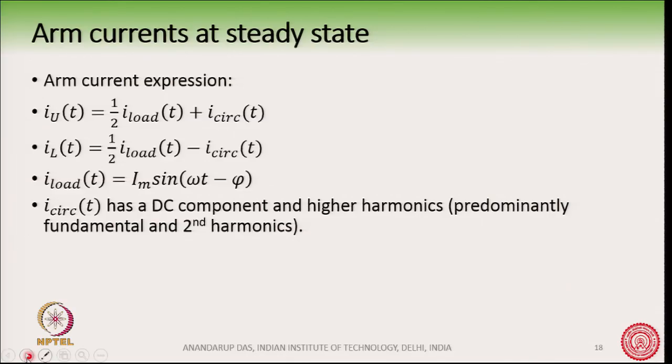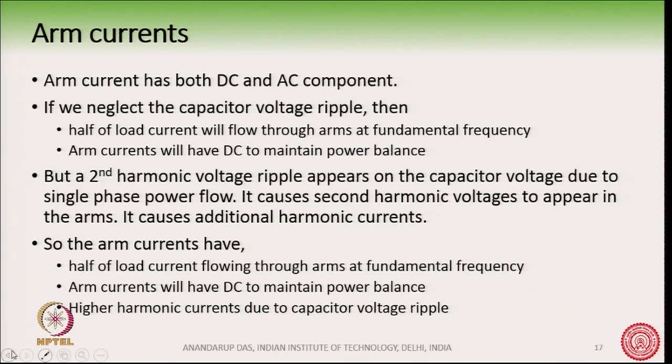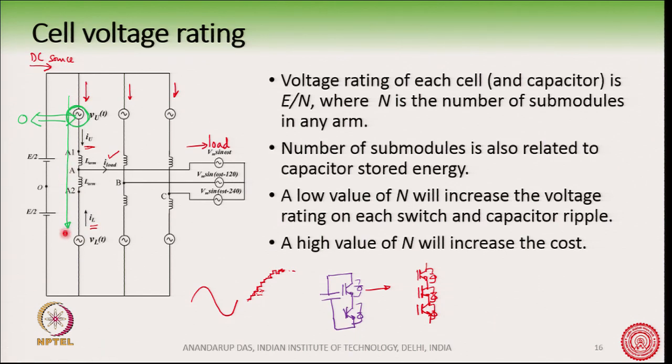expression. So, we say that I u is half I load plus I circulating and I L is half I load minus I circulating. Okay. So, the upper arm current is half of the load current plus the circulating current, while the lower side is half of the load current minus the circulating current, right.